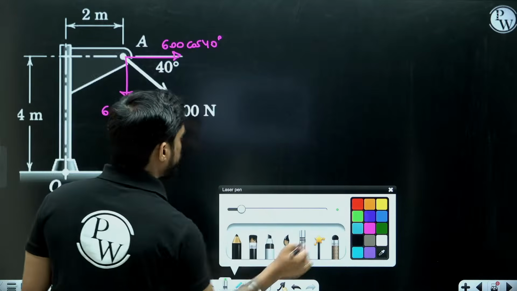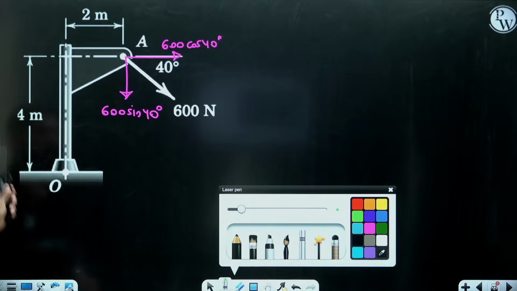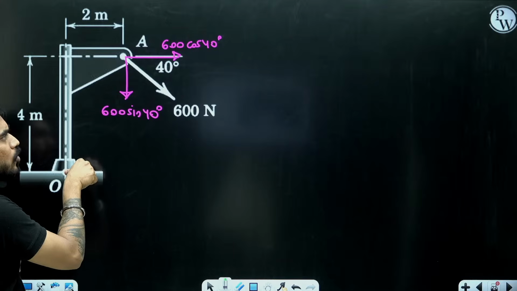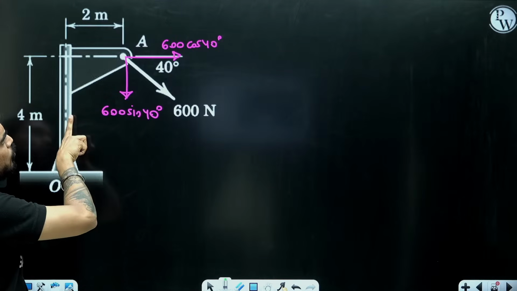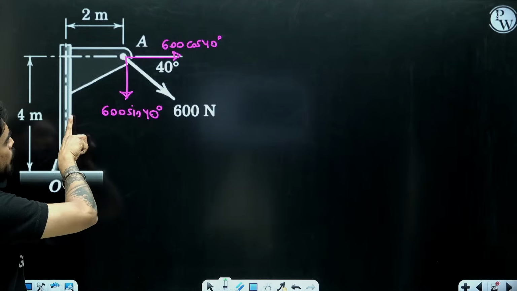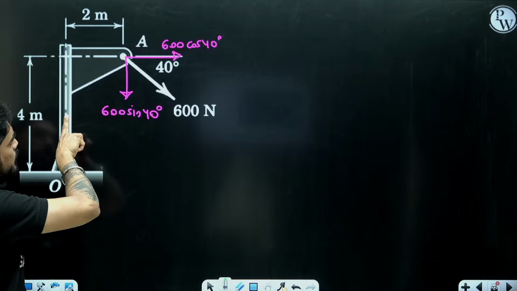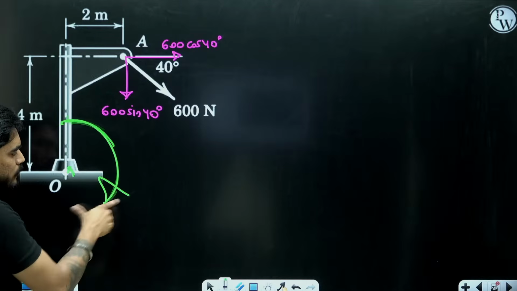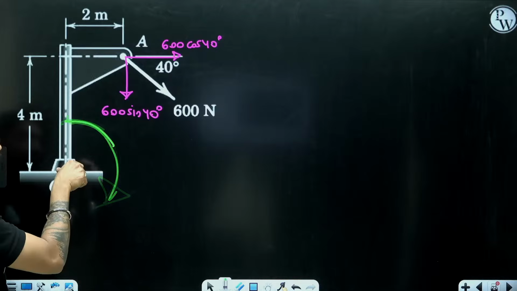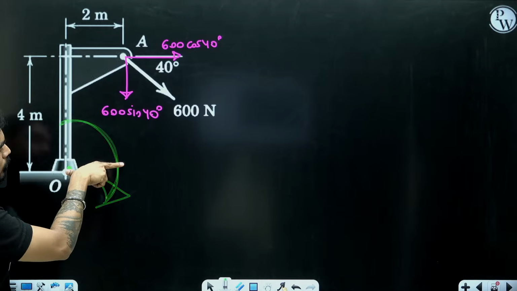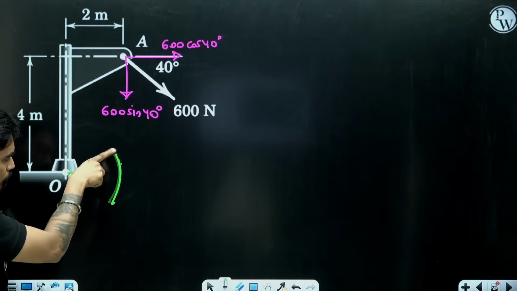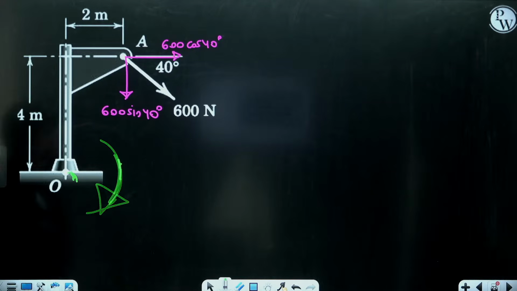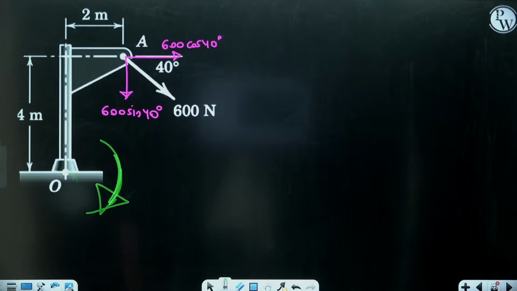Now if you are confused about the direction of moment, clockwise or anti-clockwise, put your thumb at point O, point the finger towards the force 600 cos 40 and move it in the direction of 600 cos 40. So see, it is applying clockwise moment. Similarly, put the thumb at point O, show the finger towards 600 sin 40, move it in the direction of the force. Yes, again it is applying clockwise moment, right?